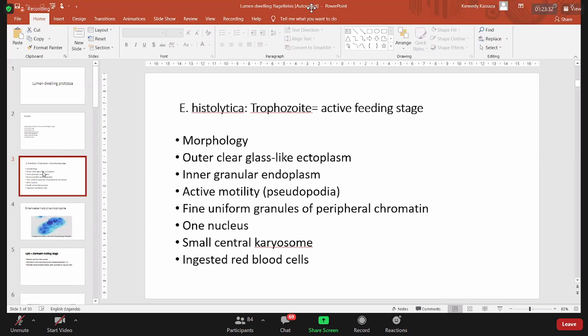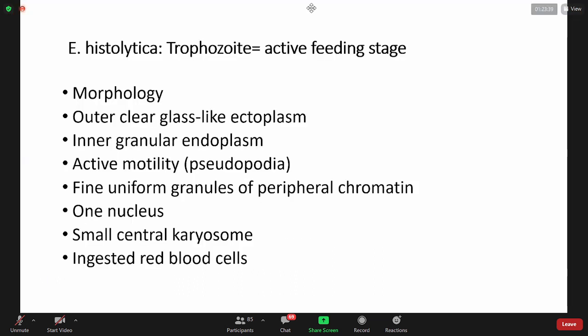And what differentiates the parasitic or pathogenic amoeba species from the commensal species is that you'll find ingested red blood cells within the trophozoite of the pathogenic species, and these red blood cells are absent in the commensal species.